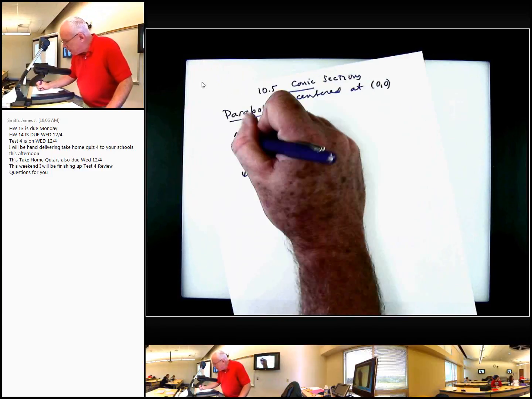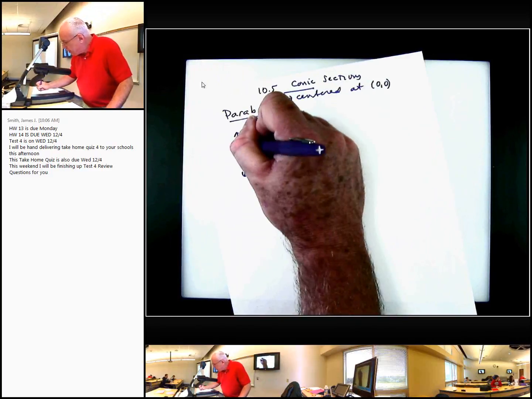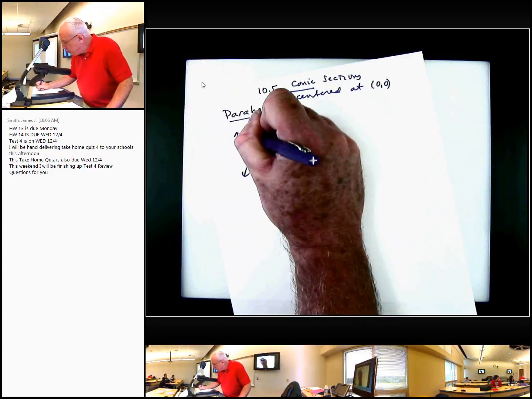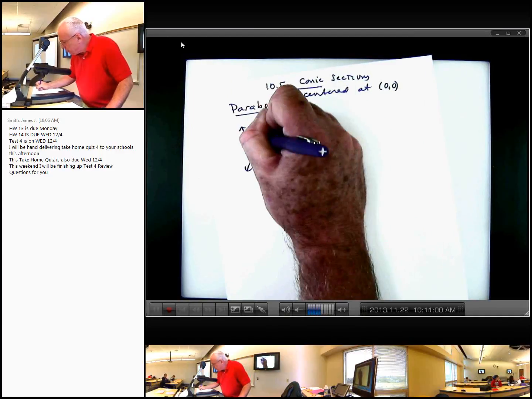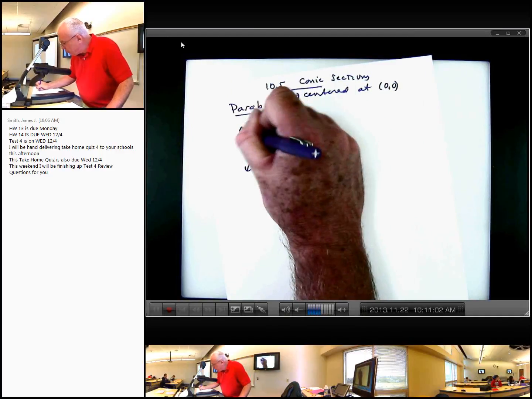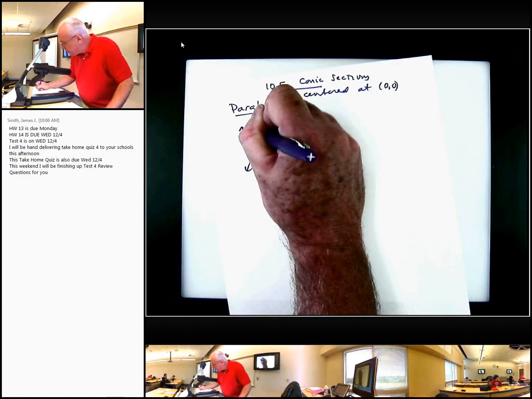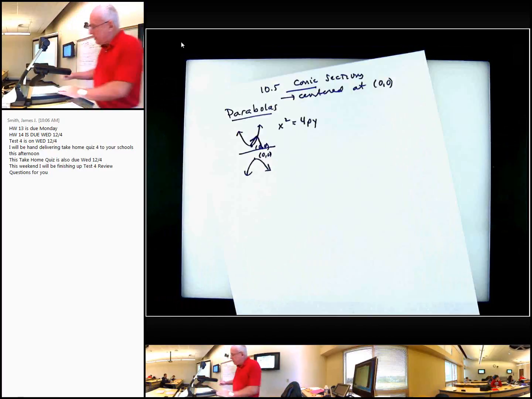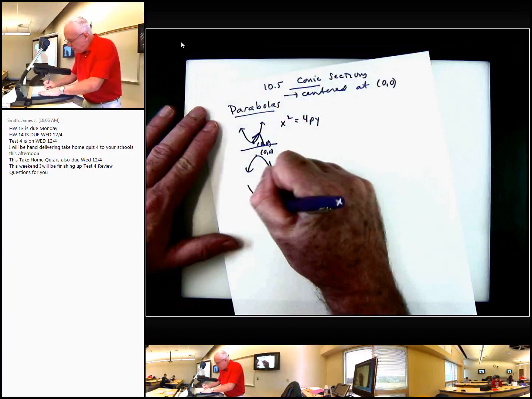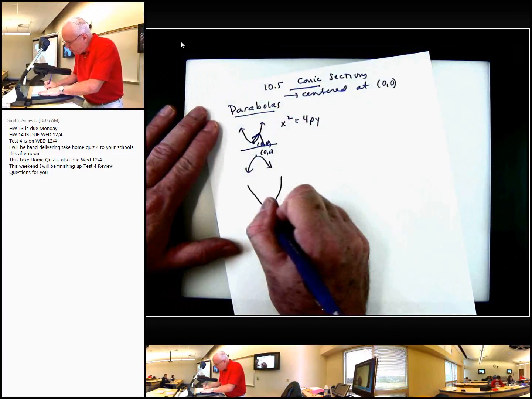2 times p is the distance from each point to the focus, plus the distance between that point and what's called a directrix. Okay, that's a terrible diagram. We have the 0, 0 here.